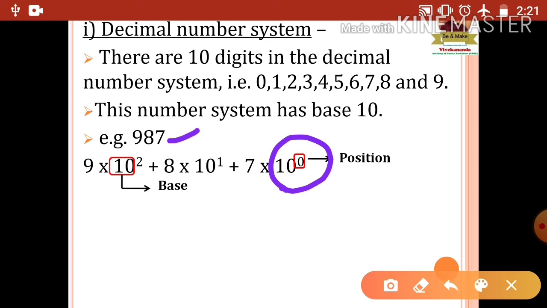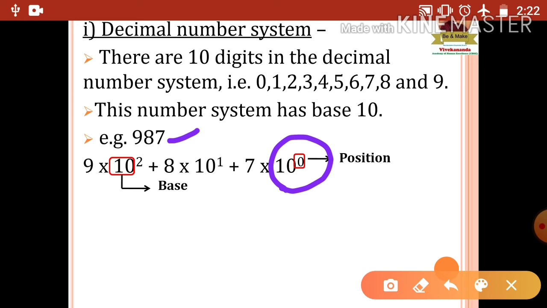So 7 being at the unit place, we write the exponent of that base as 0, because that is the first number in our numeric value.